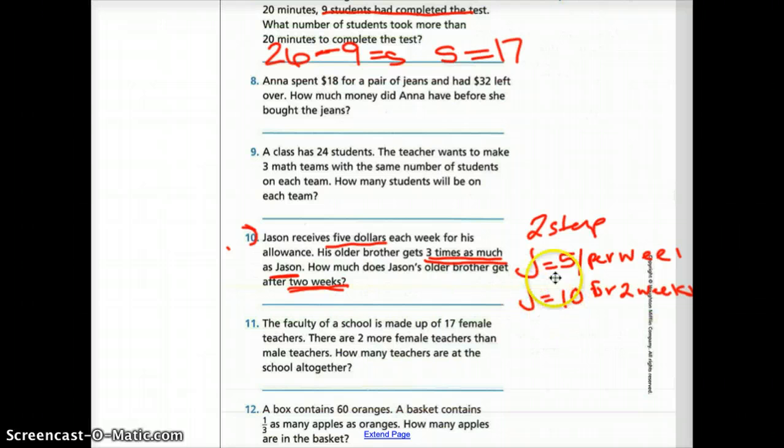Okay, so if Jason gets 10 and his older brother gets 3 times that, I know that 10 times 3 equals 30. So $30 will be the answer.